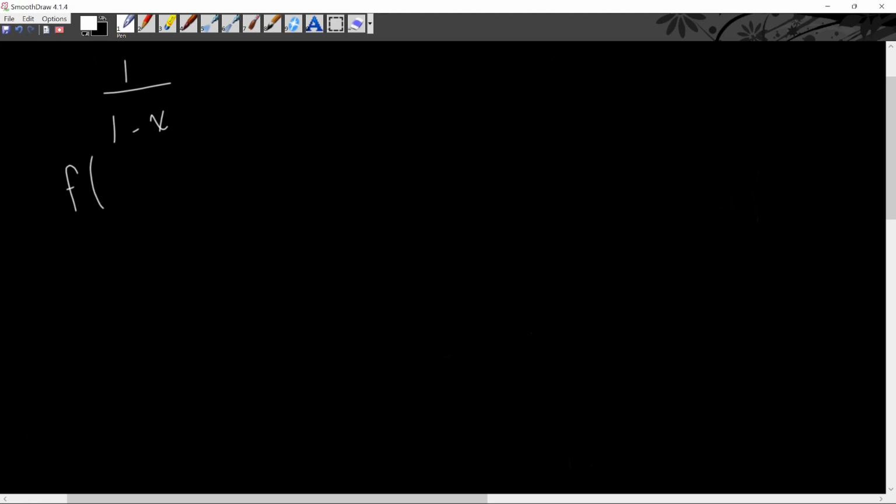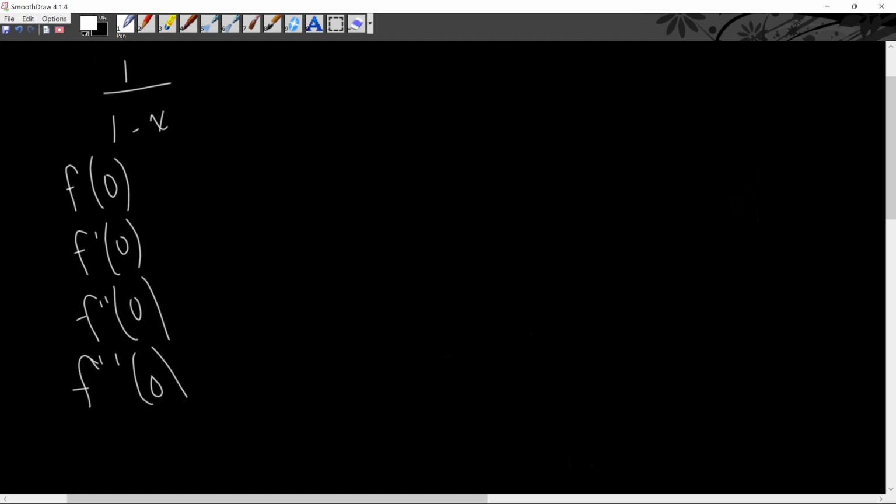So f of 0, f prime 0, f double prime 0, f triple prime 0, and then the fourth derivative of f at x equals 0. So let's do this one. Well, f of 0 is nice and easy. It's just going to be 1, like 1 over 1 minus 0 is 1. And then f prime 0, slightly more annoying to work with.